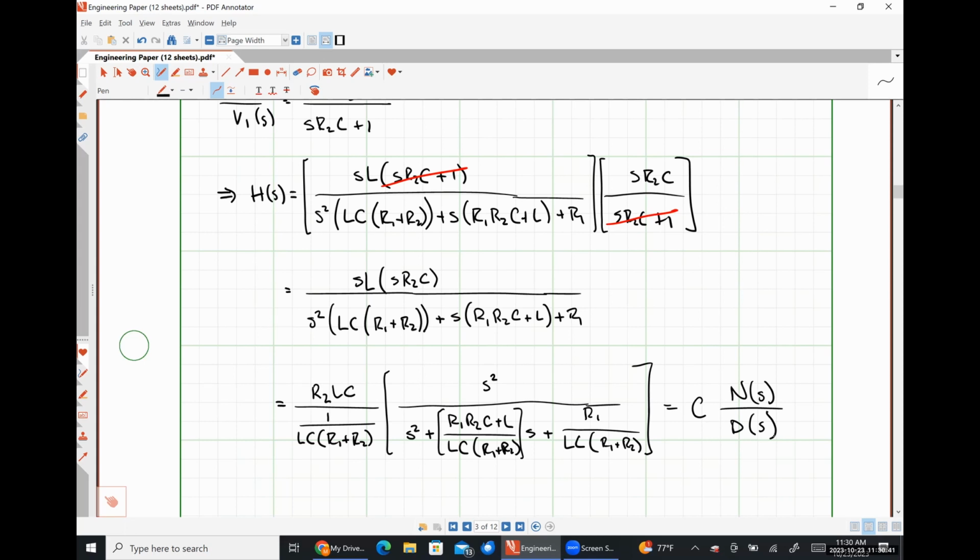Realistically, since I have R2 times L times C divided by this reciprocal, I would just multiply this R2LC by this thing right here and pretty that up again, but I'm bored, so I don't want to do it. All right, so we have our transfer function in a nice, neat form where we have some constant multiplied by a numerator as a function of S and a denominator as a function of S.